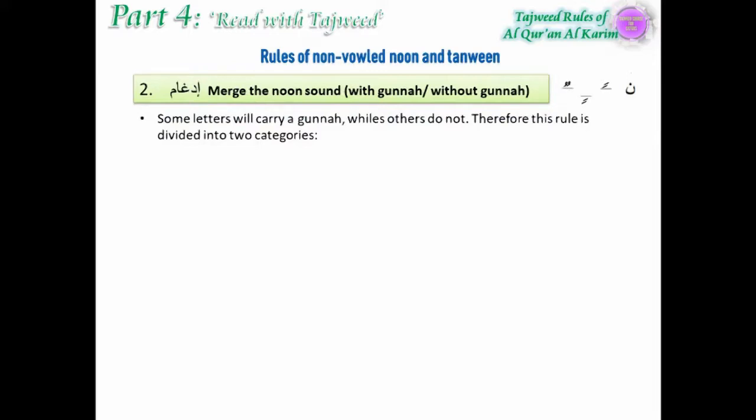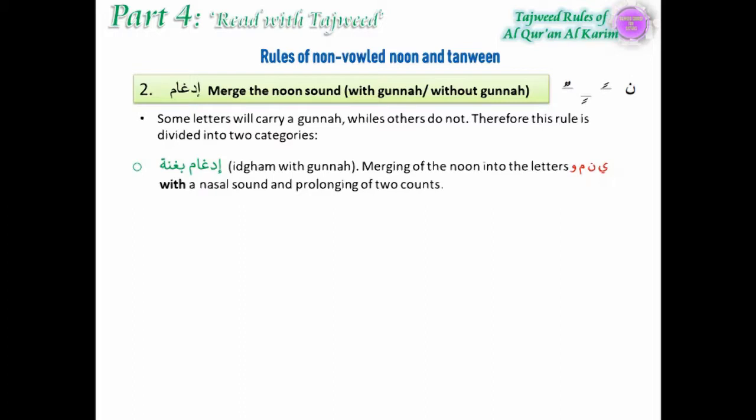Some letters will carry a ghunna, while others do not. So out of the ya, ra, lam, mim, waw, noon, the letters of Idghaam, some will carry a ghunna and some will not. Therefore, this rule is divided into 2 categories. Idghaam bi ghunna is idgham with ghunna, and here the merging of the noon is into the letters ya, noon, mim, waw.